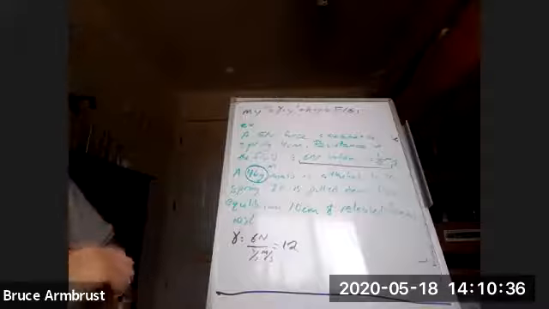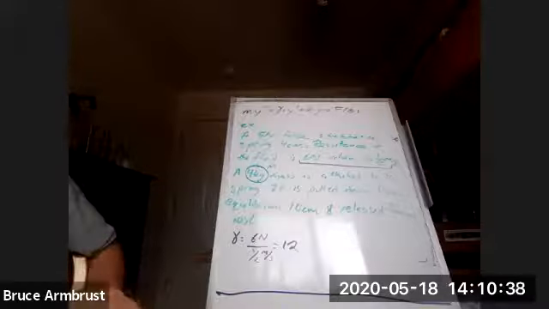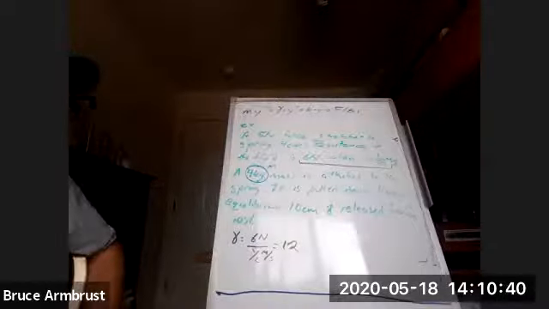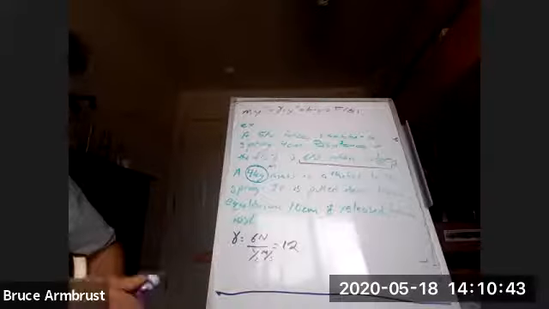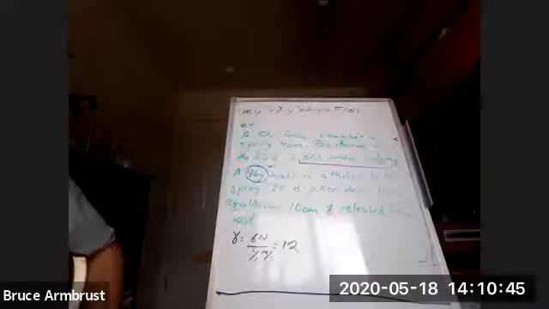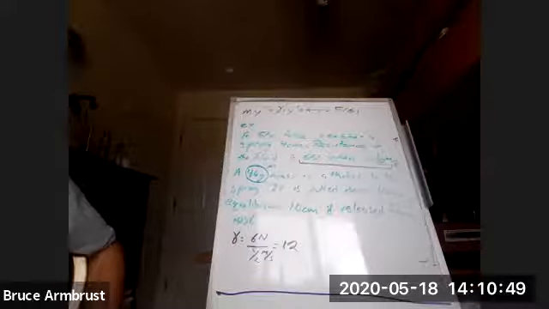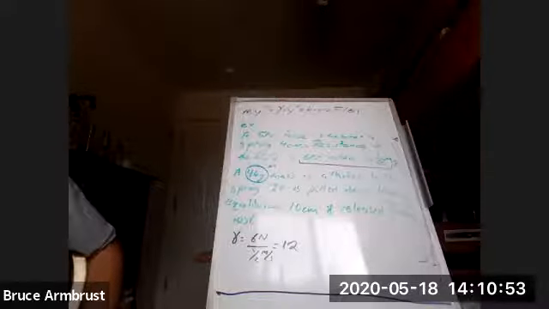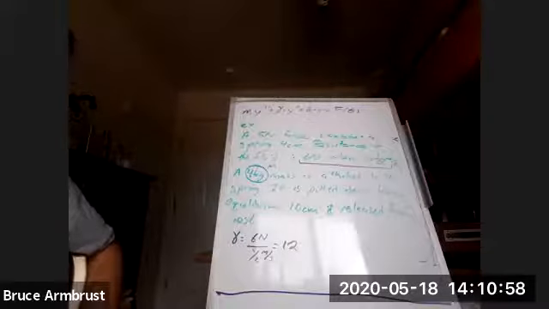So gamma is going to be 12. The units on that are kilograms per second. Don't worry about the units. This isn't physics class. All right, so there's our gamma.